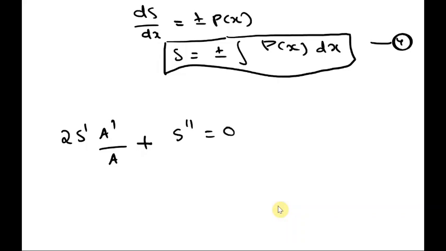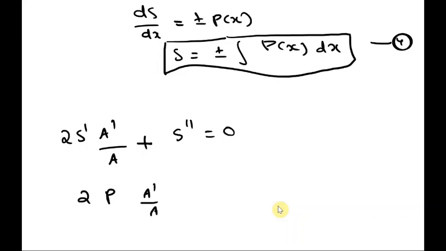So from this equation, you can substitute the value of s prime here. S prime is nothing but p, so 2p a prime by a.